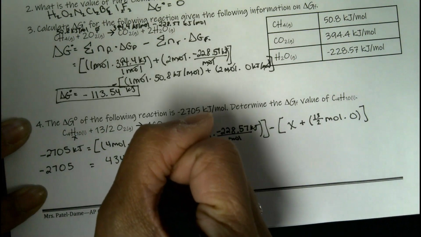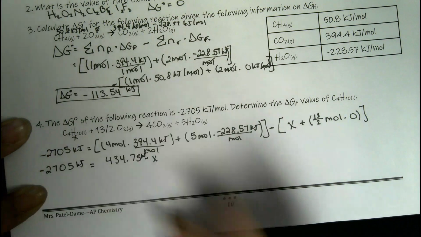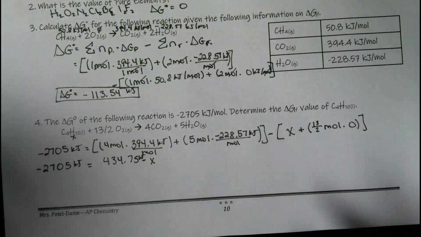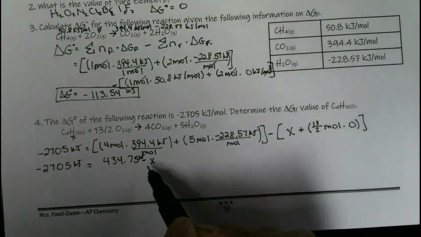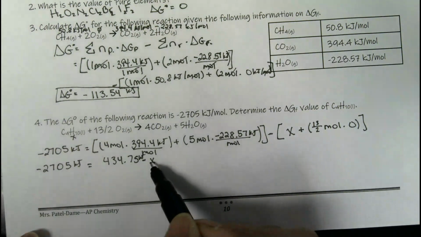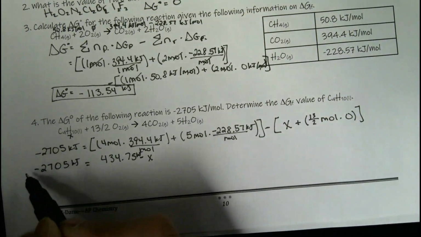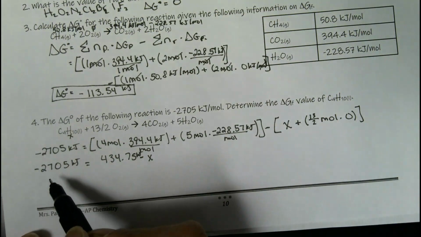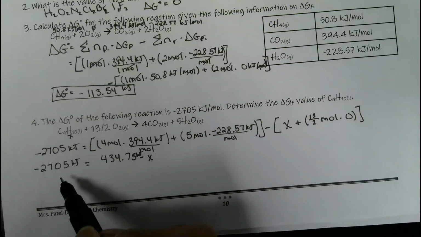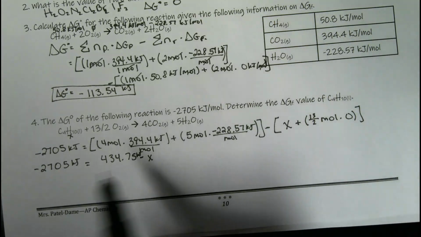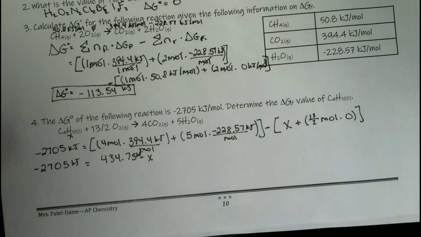Oops, sorry, these should all be kilojoules, and I'm keeping kilojoules to make sure I've maintained my units. And because that's minus X, I might move that X over, subtract out a negative 2,705 kilojoules, and so I'm adding it to both sides.